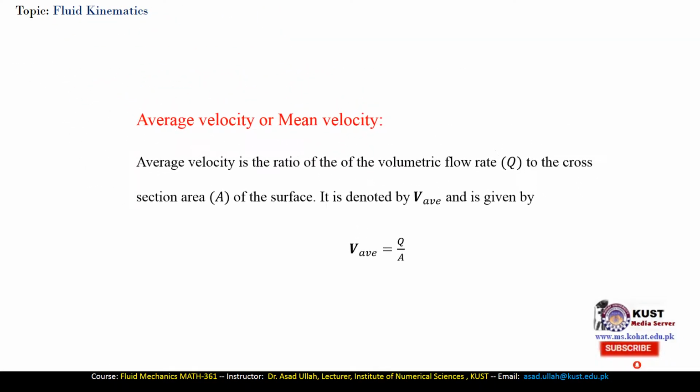Now what is average velocity? Sometimes it is also called mean velocity. Average velocity is the ratio of the volumetric flow rate to the cross-section area of the surface. It is denoted by capital V with subscript average and is given by Q divided by A.